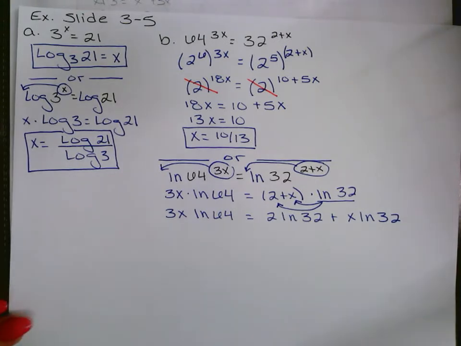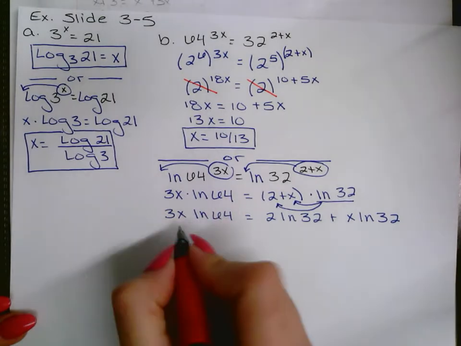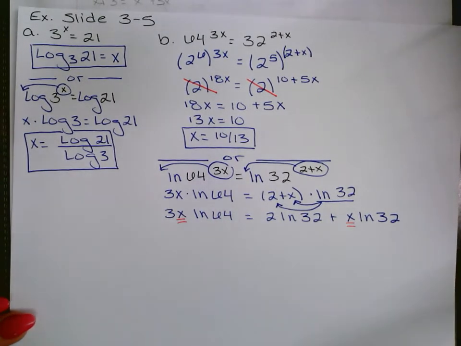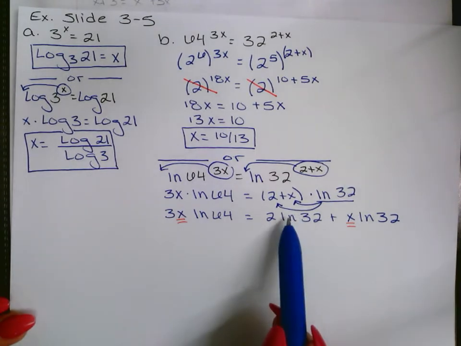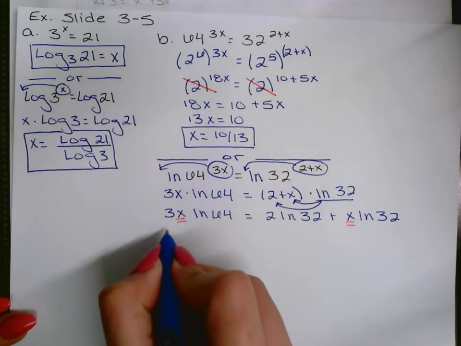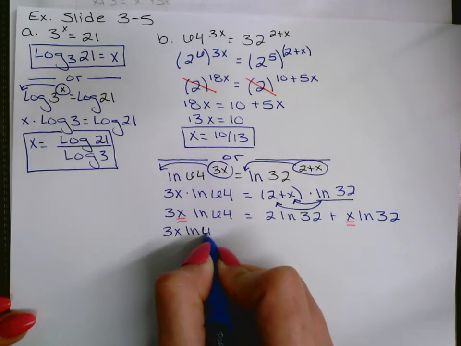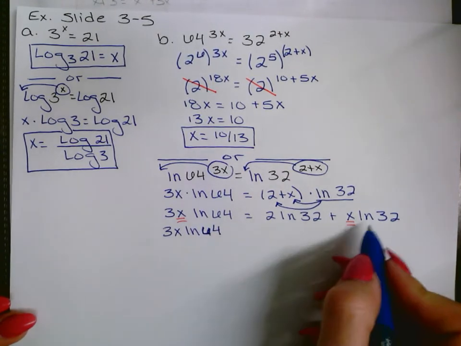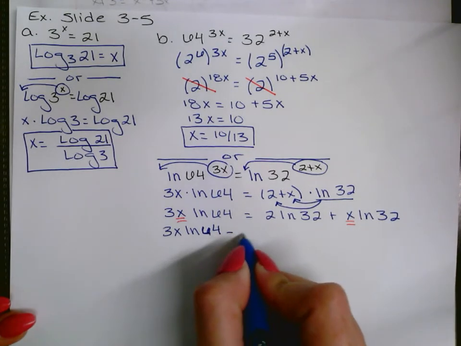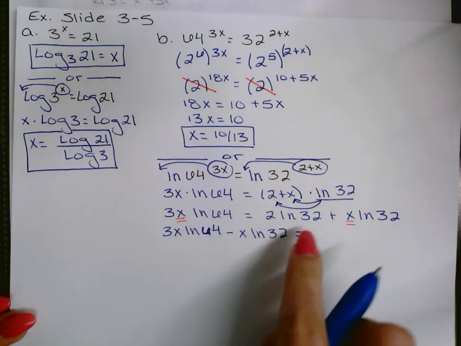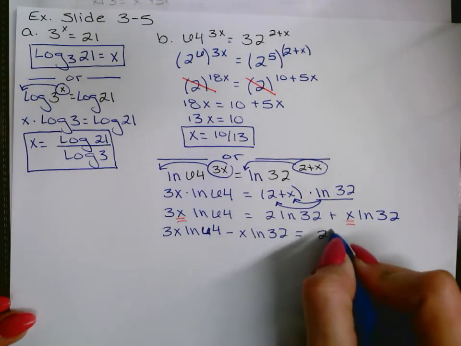So out of the 3 terms, 2 of them have an x in it. I want these 2 terms to end up on the same side, and this third one that doesn't have an x, I'll leave this one on the right side. So I'm going to say 3x ln of 64. I'm going to subtract this one over, minus x ln of 32, and then equals, I'm going to leave this one over here on the right side.